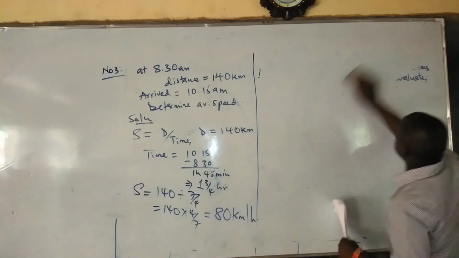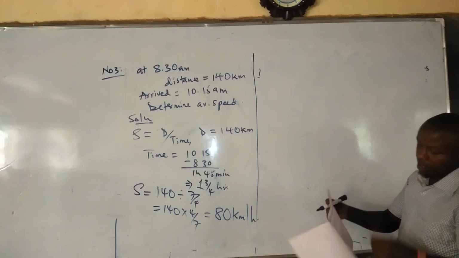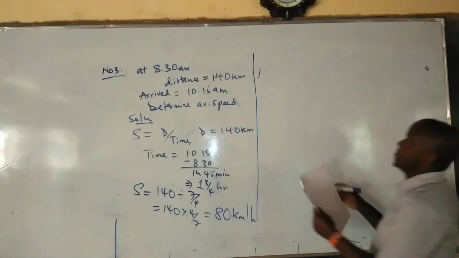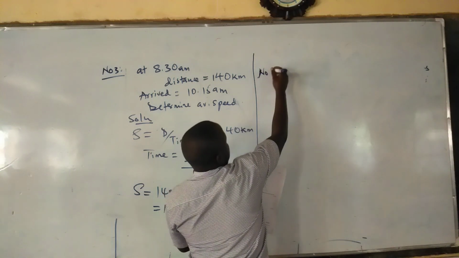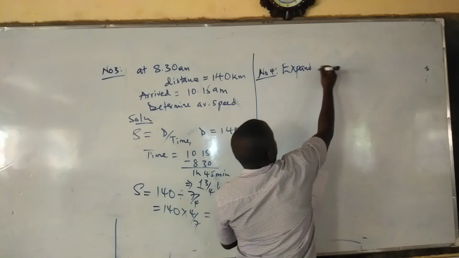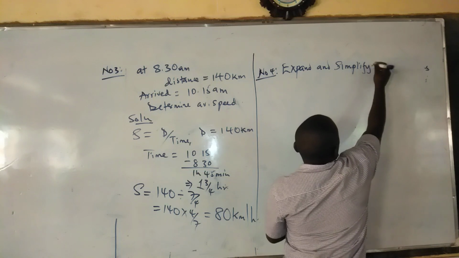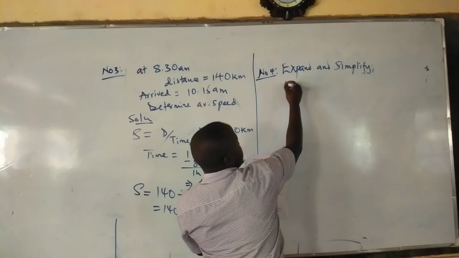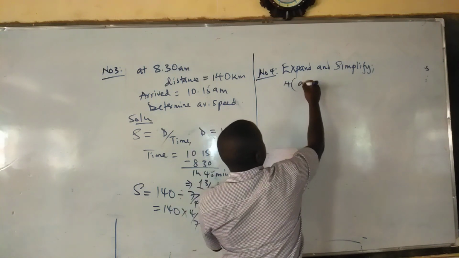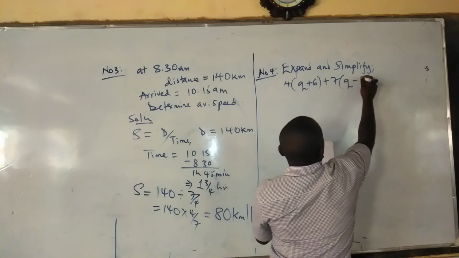Number 4. So question number 4, we are told to expand and simplify 4 into Q plus 6 plus 7 into Q minus 3.